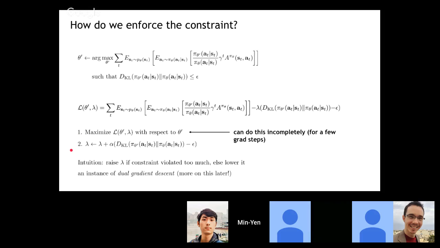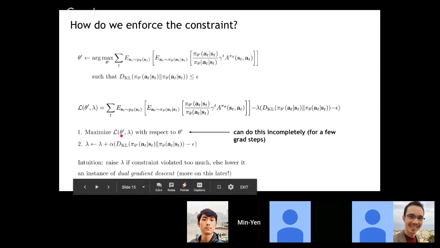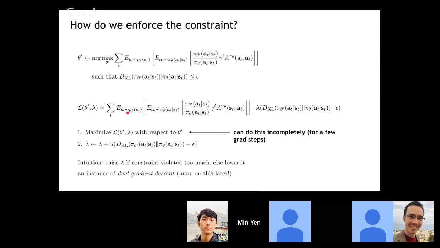He also called it dual gradient descent, because you're actually doing gradient descent on two parameters, first pi theta and after that lambda. The idea is that in step one, you maximize this thing here with respect to theta prime. He said that ideally you should run it until convergence, but practically you can just do this for a few gradient steps and it's sufficient, so it saves time.